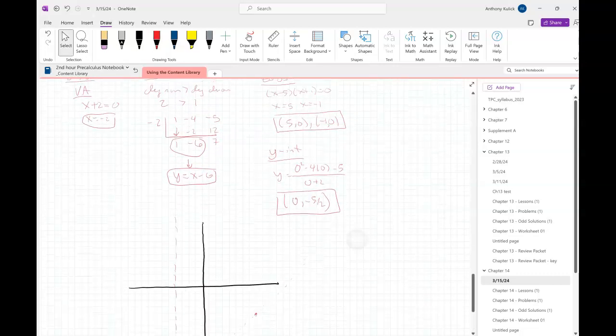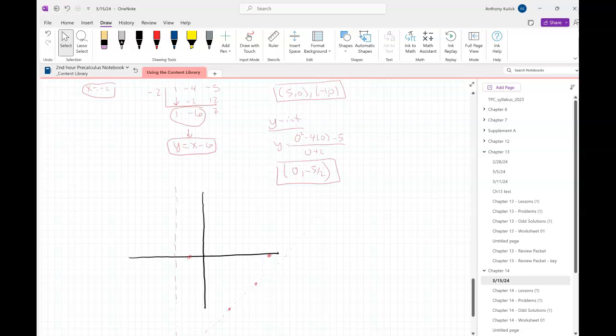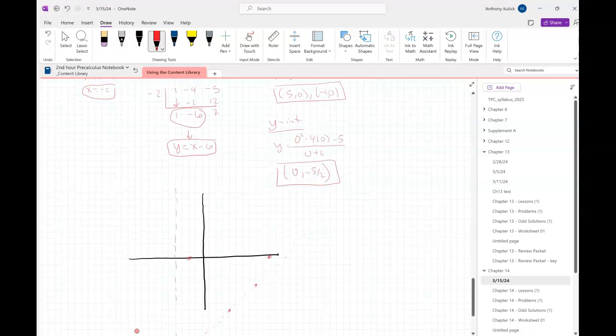You put my zeros in. So I have (-1, 0). And then I have (5, 0). And then (0, -2.5). So right away, I can tell that it's got to do one of those, right?